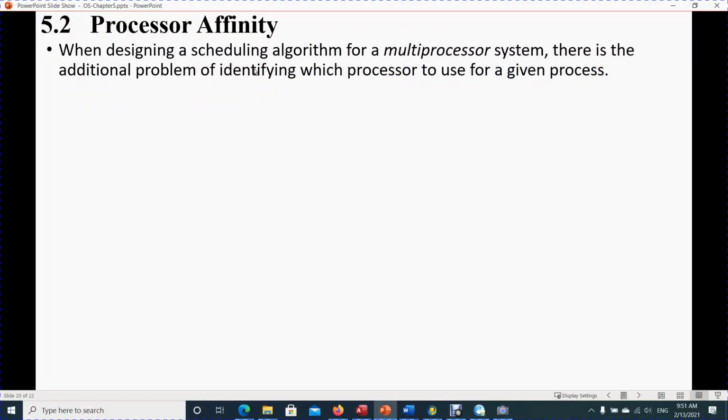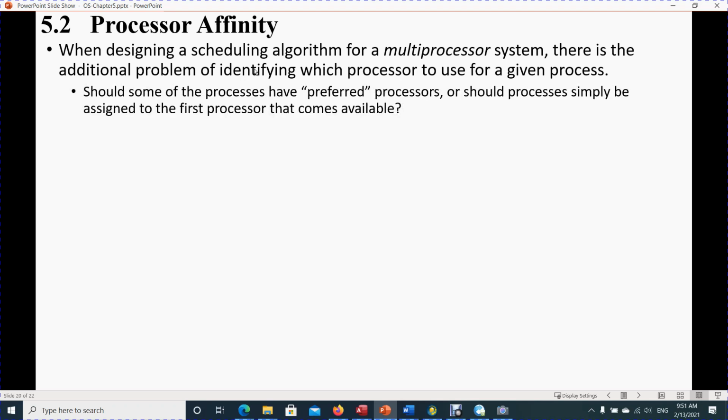When you're designing an algorithm in a multiprocessor system, there's another problem that the algorithm has to take into consideration: identifying a processor to assign to a given process. Should there be some preference in the assignment of processors, or should it simply be first come, first served?